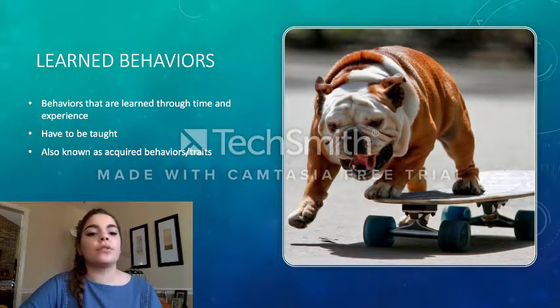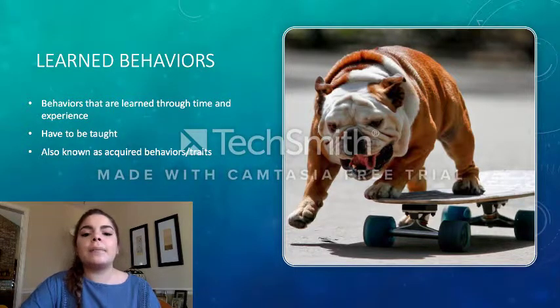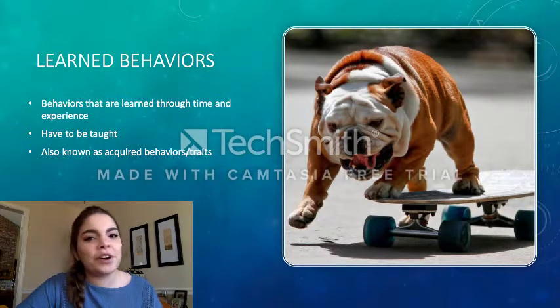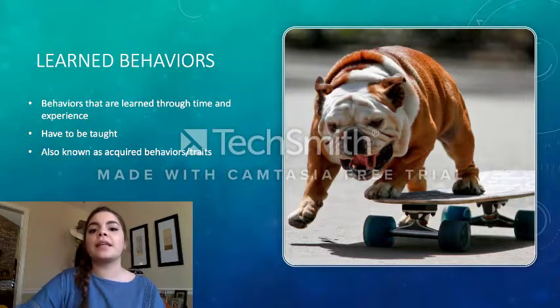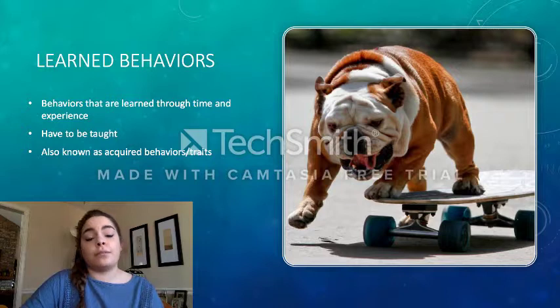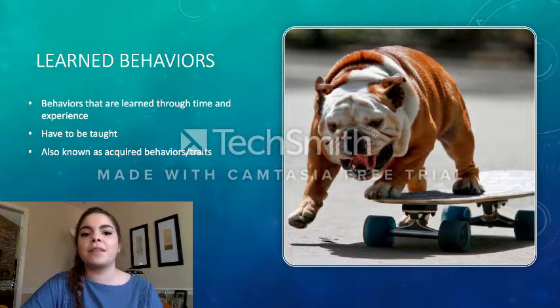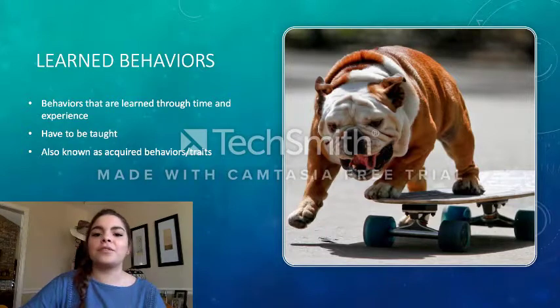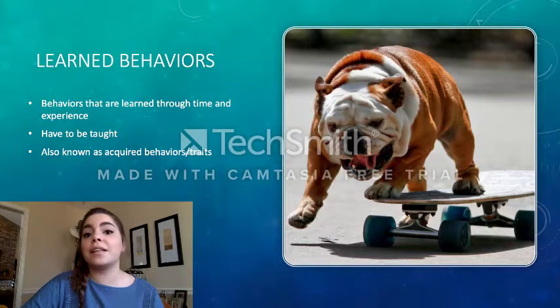These traits are also known as acquired behavior or acquired traits. I put this example of a dog riding a skateboard because it's something that dogs usually don't do. Their owner might have taught them to ride the skateboard, but it's not something that's going to be passed down to this dog's litter of puppies.